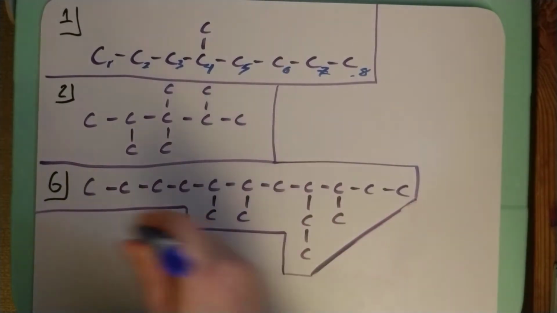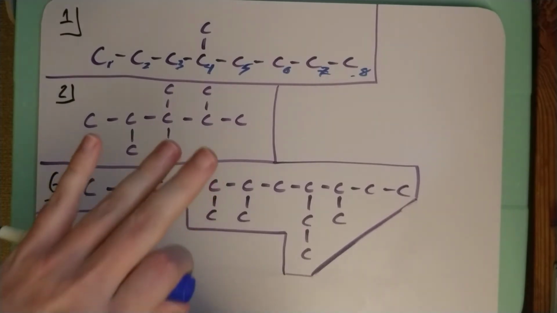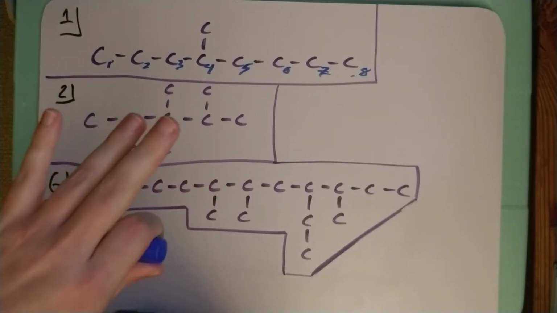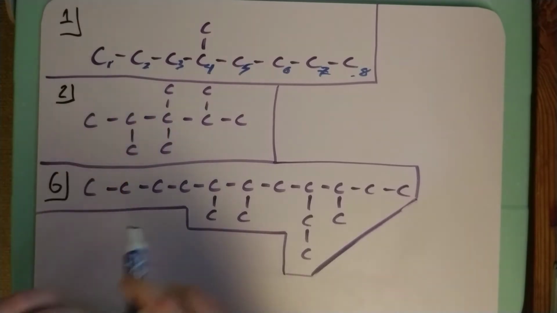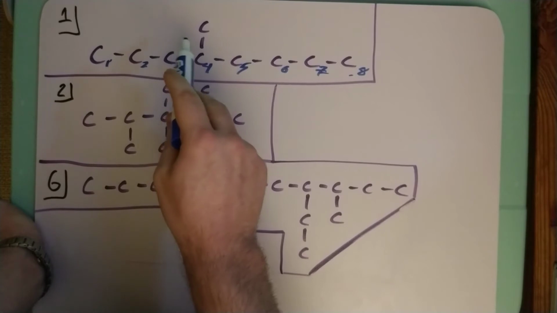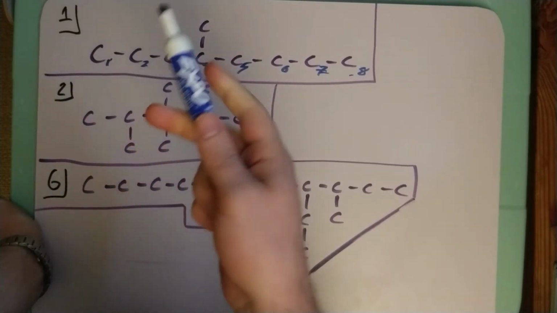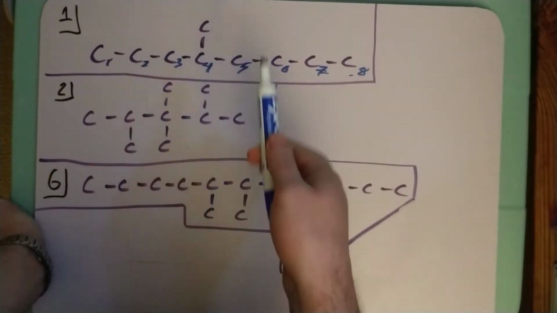Now, this brings in branch naming. So when we name branches, we use the same naming system that we did for the parent chain. So, this branch has only one carbon in it. So take a guess. What is the name of that branch going to be?